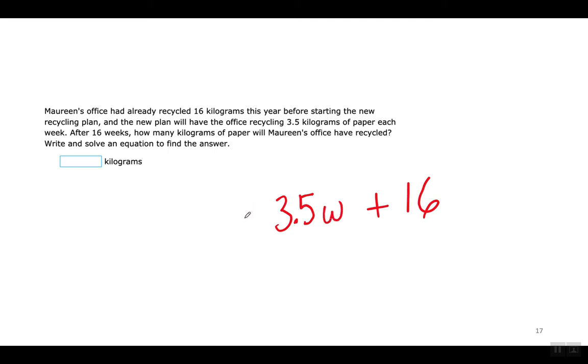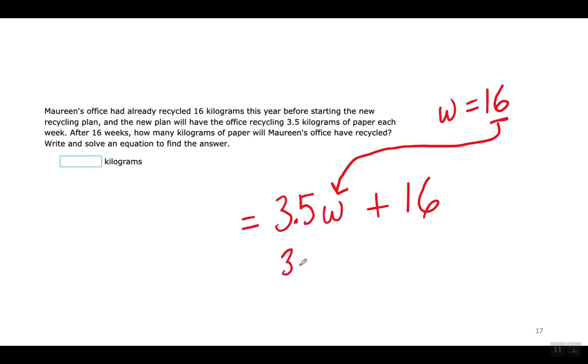After 16 weeks, so if W equals 16, how many kilograms of paper will Maureen's office have recycled? ¿Cuántos kilogramos de papel va a tener reciclado la oficina de Maureen?